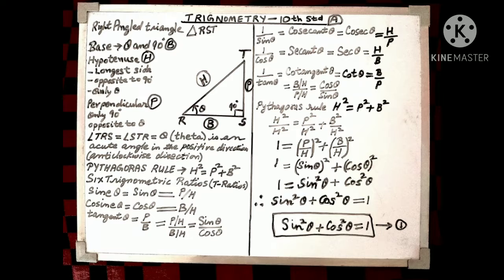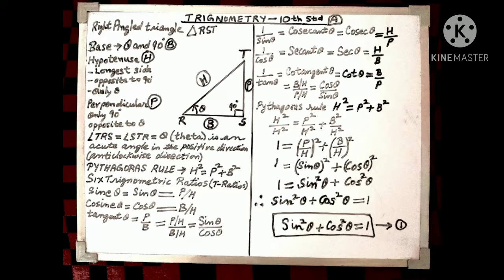In order to understand trigonometry, first we should have a very clear-cut idea about the right-angled triangle. What is a right-angled triangle? A triangle in which one angle is 90 degrees is called a right-angled triangle. As you can see in the figure, I have a triangle TRS, right?